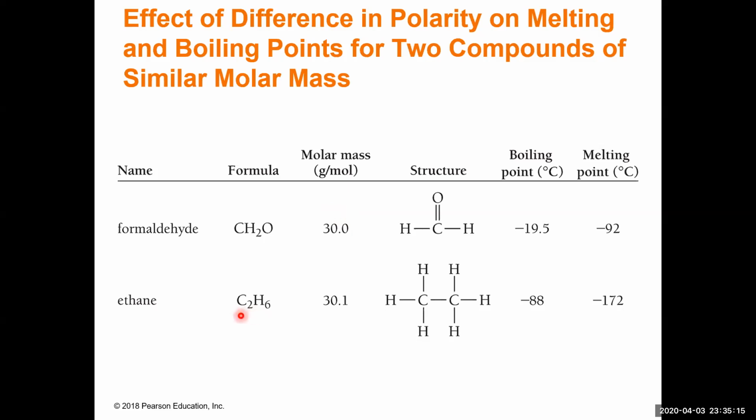Ethane is only composed of carbons and hydrogens. And remember that carbons and hydrogens have similar electronegativities, as well as their structure, which leads to having a nonpolar molecule overall for ethane. Whereas formaldehyde, we saw, is a polar molecule.